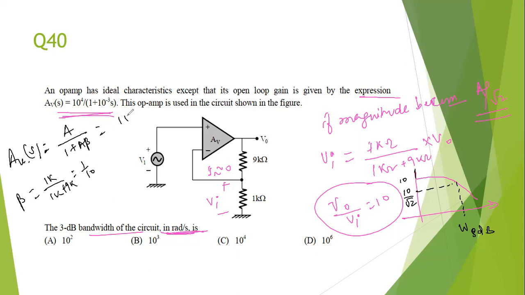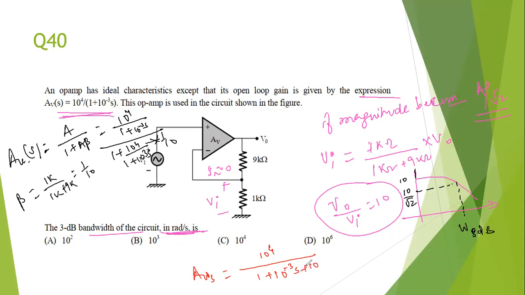This is given as 10 to the power 4 upon 1 plus 10 to the power minus 3 times S. And after solving, you will get AVS equal to 10 to the power 4 divided by 1 plus 10 to the power minus 3 S plus 10 to the power 3.